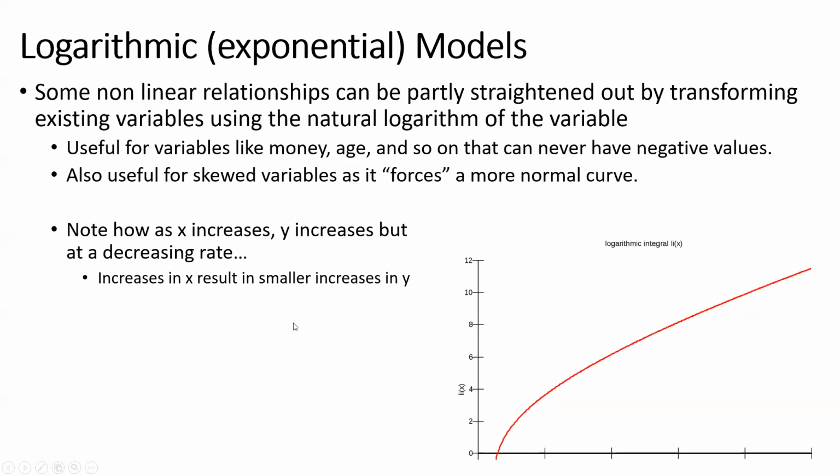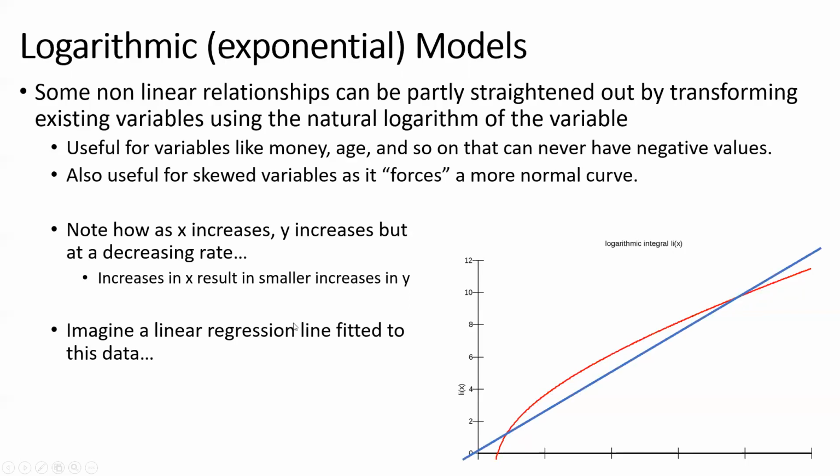But imagine if we tried to fit a linear regression line to this data. This might be the best that we could do. So a curvilinear regression line would be far more useful in trying to approximate what's really going on in our data.